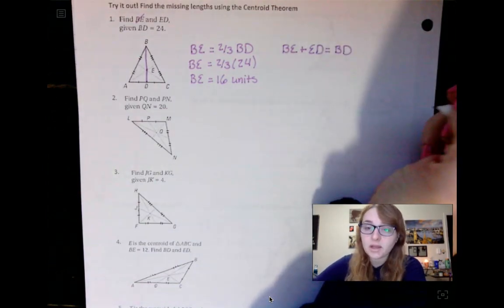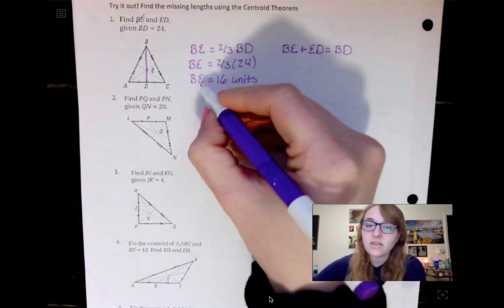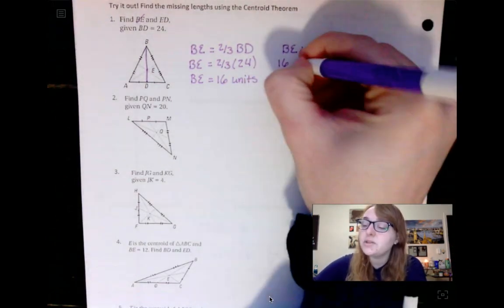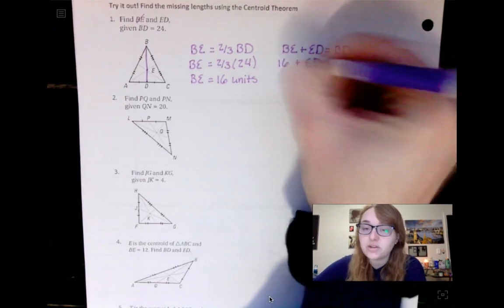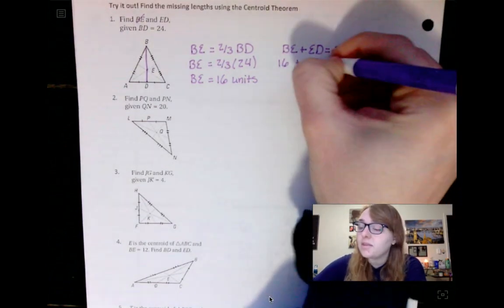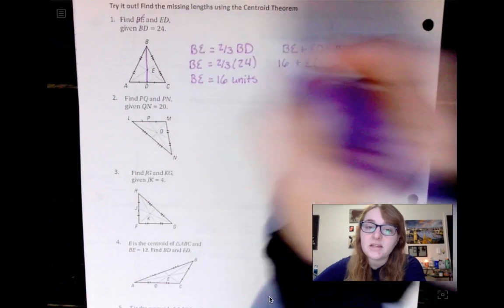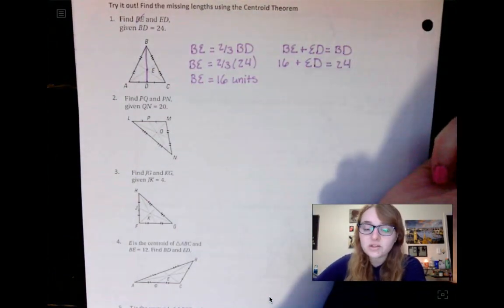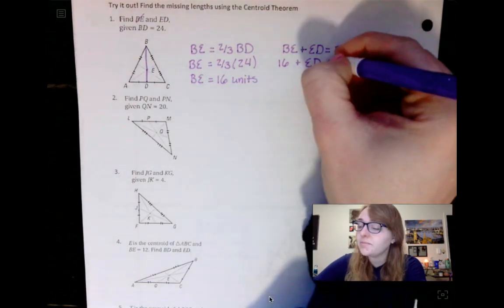Now we're going to plug in what we know. We just found out that BE is 16 units. We don't know what ED is, so that's what we're trying to solve for. And the problem told us that BD was 24. From here it's just solving like an Algebra 1 equation.